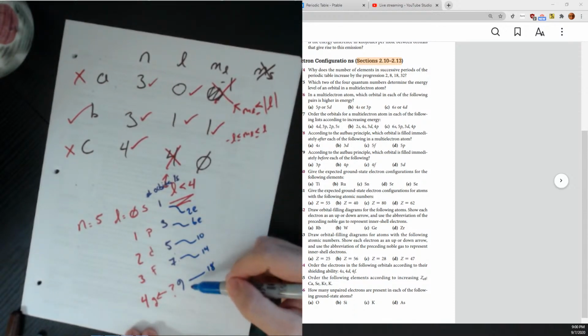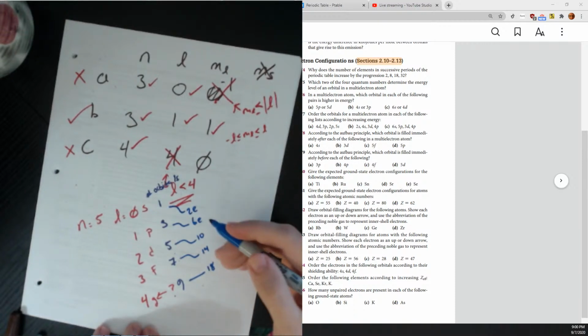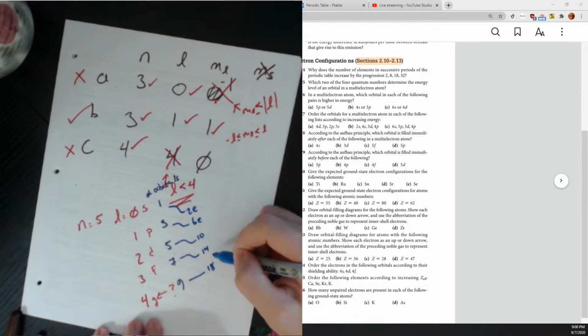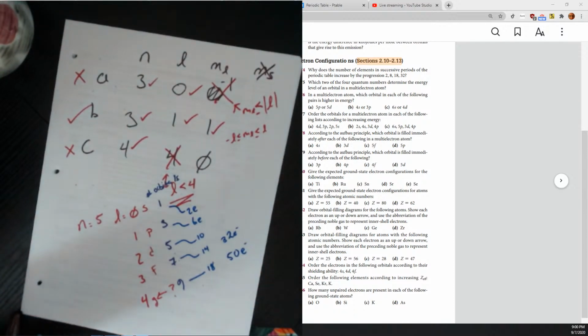So depending on whether or not they're expecting you to count the g sublevel, you could have 2, 8, 18, 32 electrons, or 50 electrons in the 5th energy level. I'm not sure which they would expect from you, and thus I don't think that Bruce would throw that at you on the test.